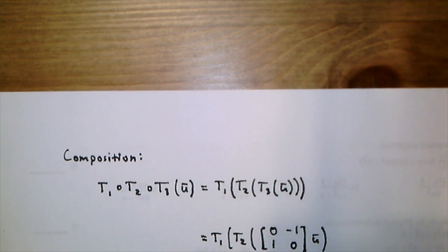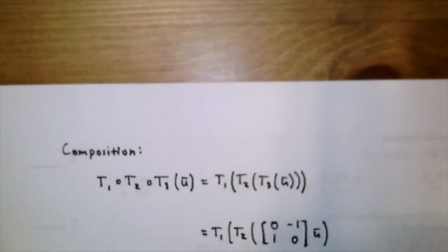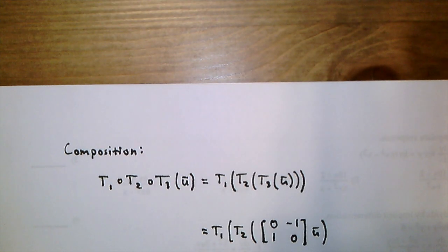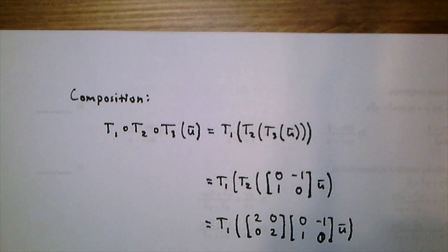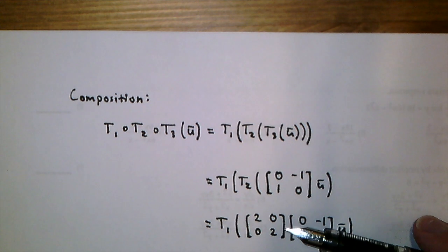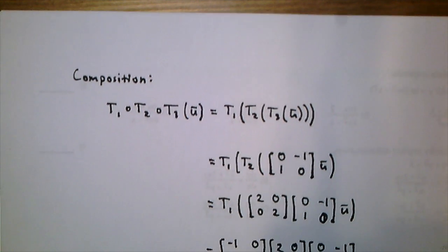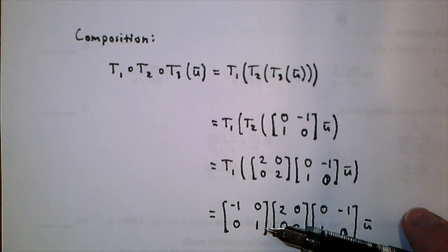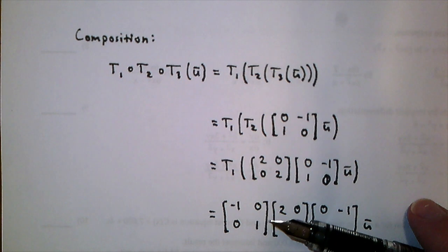So then we plug in the matrix for T3. And then we plug in the matrix for T2 here. And then we plug in the matrix for T1 all the way on the left.